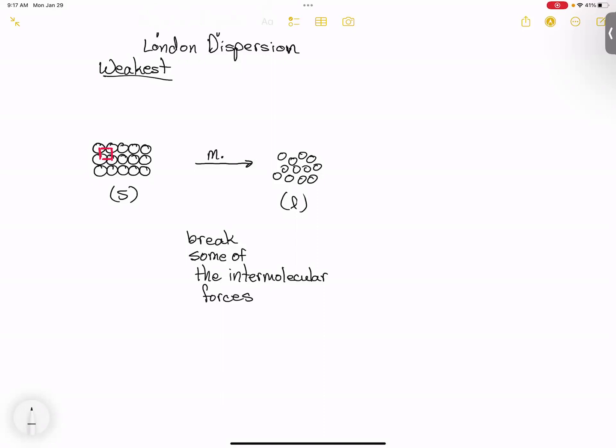So in order to melt a solid, we've got to break up some of those intermolecular forces.